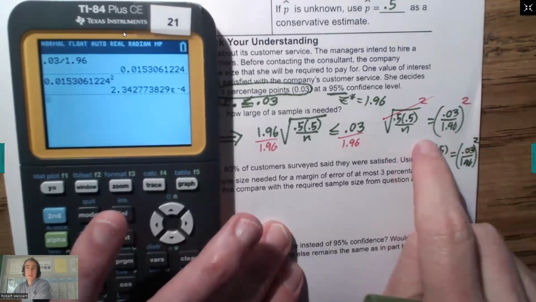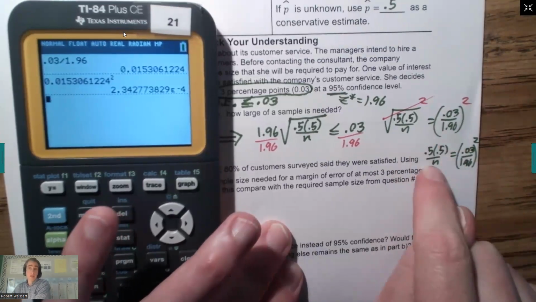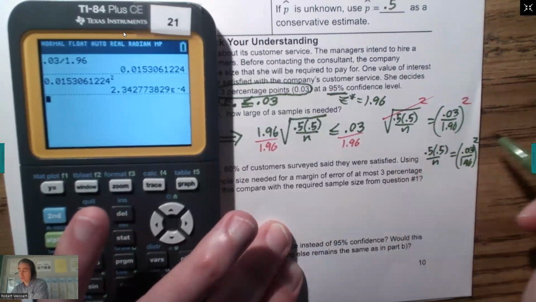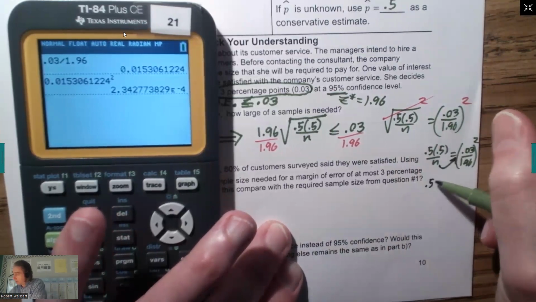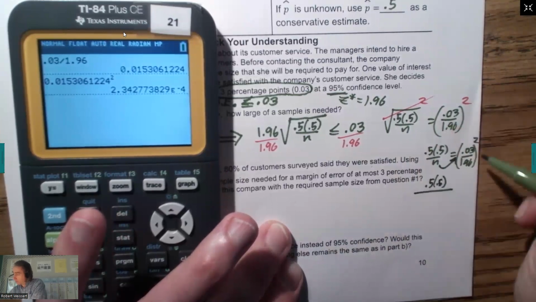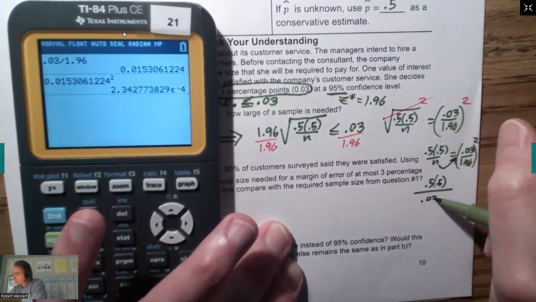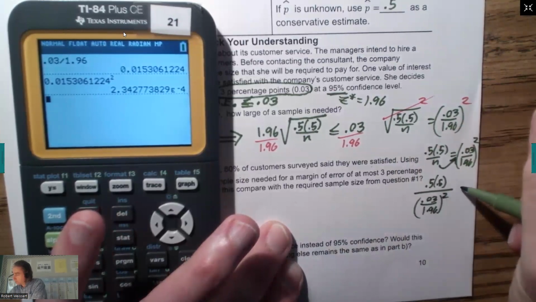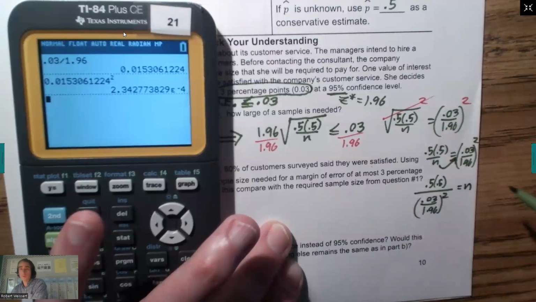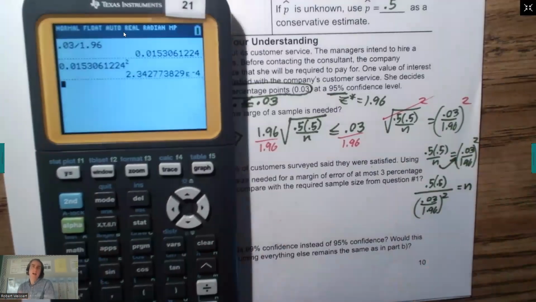Well, I want to take this and divide by this to be able to get n. So if I bring the n up here, I'm going to have 0.5 times 0.5 over this stuff equals my n, right? I change it to an equation versus an inequality, but whatever, right?